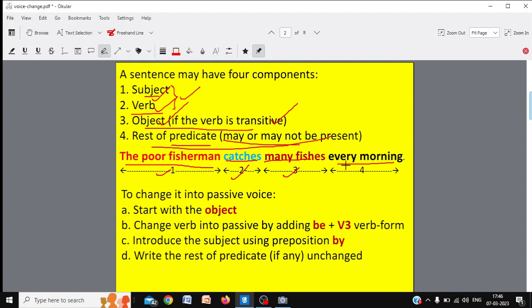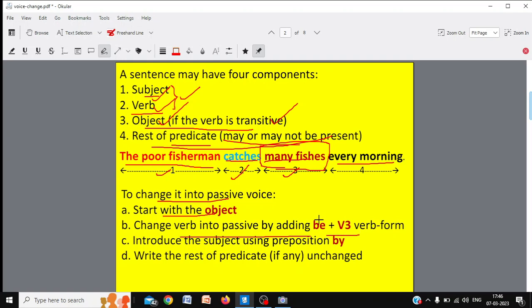Now to change it into passive voice, we have 4 steps. Start with the object. Change the verb into passive by adding a be verb and the V3 verb form.